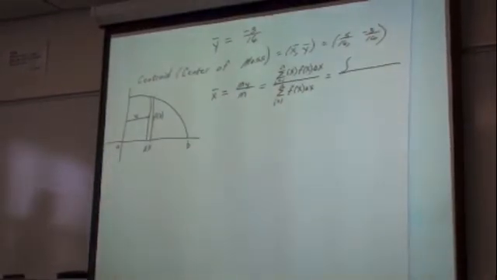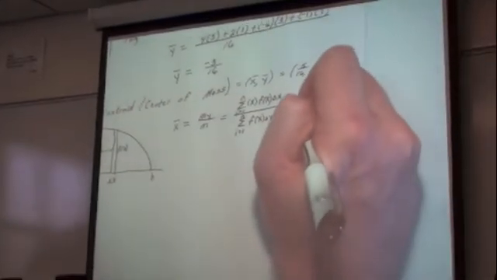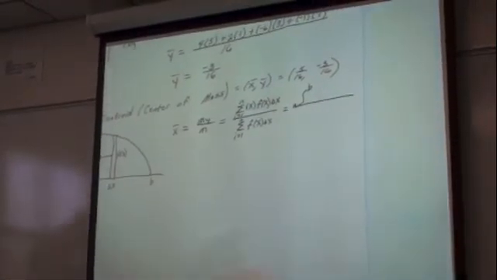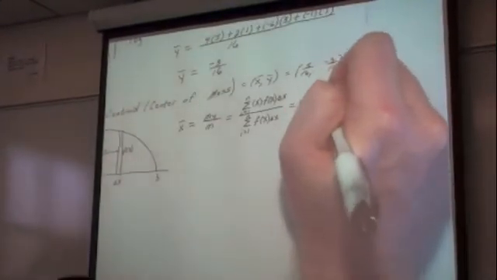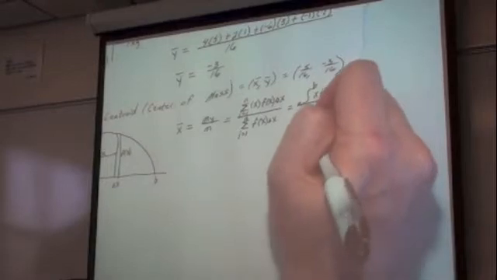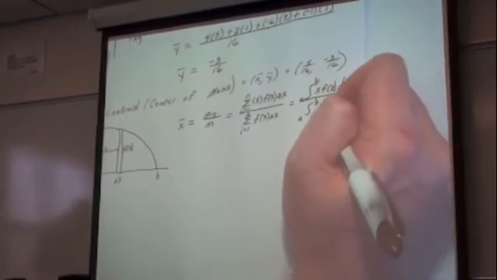Yes, A looks a lot like 0 and B looks like pi over 2 if this is the cosine function, but I just want a generic case that works for all of them. I'll say the integral from A to B of x times f of x dx, divided by the denominator of the integral of the sum of the masses, which is just going to be the integral from A to B of f of x dx.